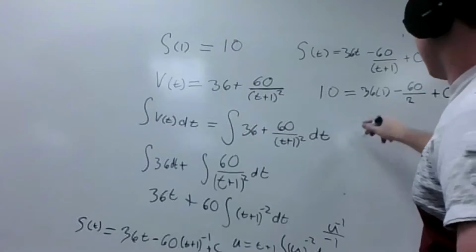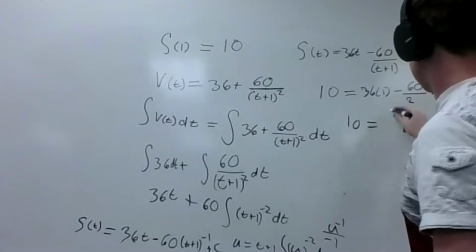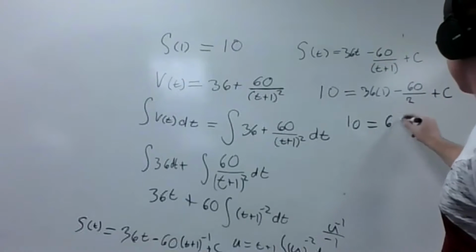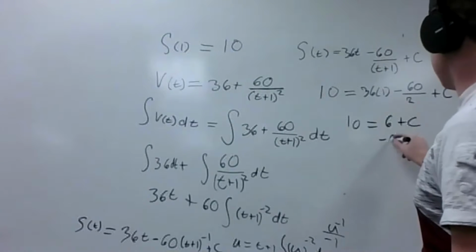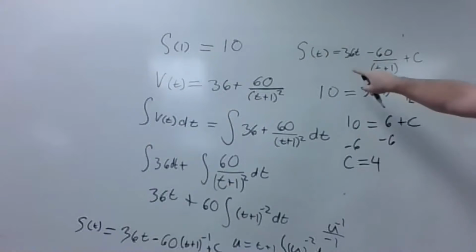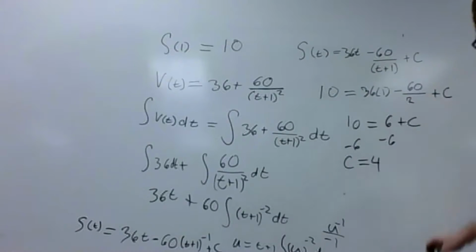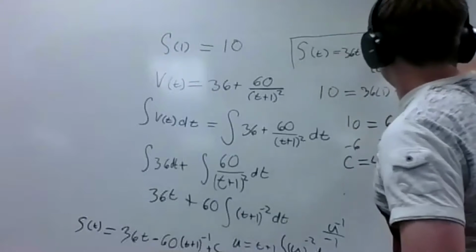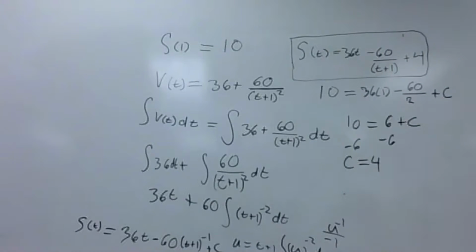So then we have 10 equals 6 plus c. We'll minus the 6 over, so c equals 4. So now we have our c value, and we just take this equation and replace this plus c with our 4. And now this is our answer.